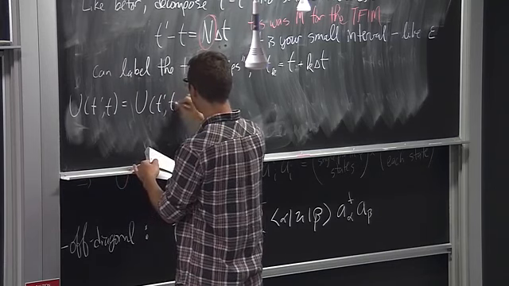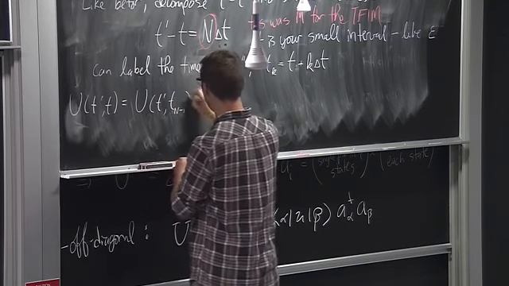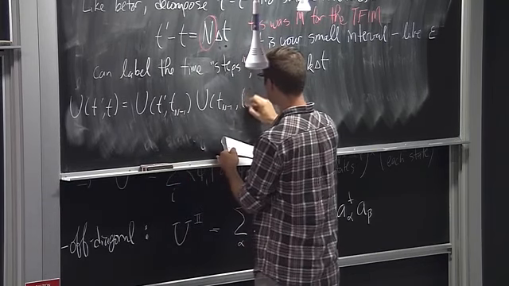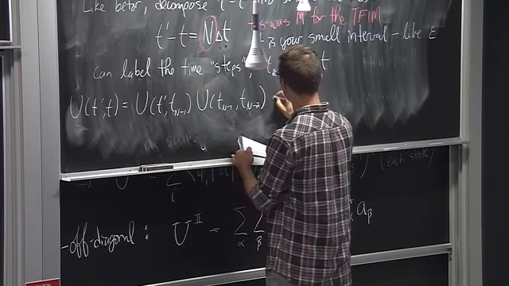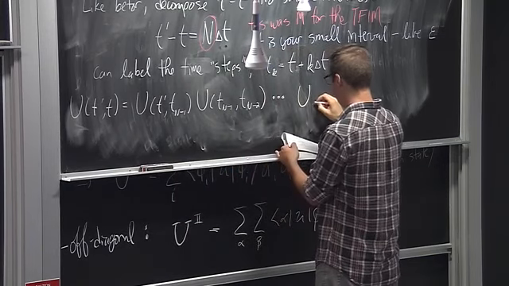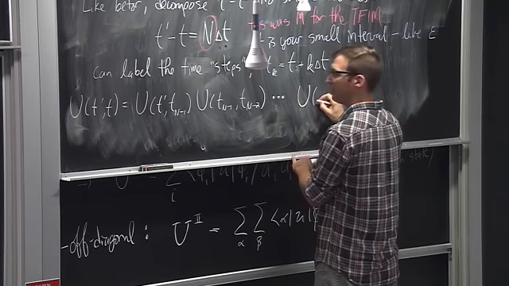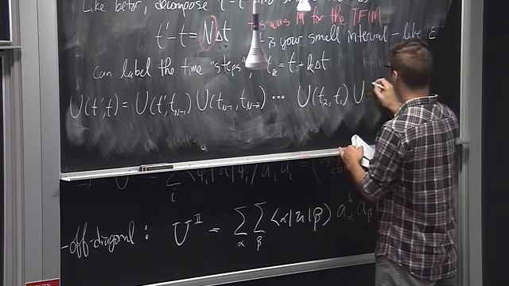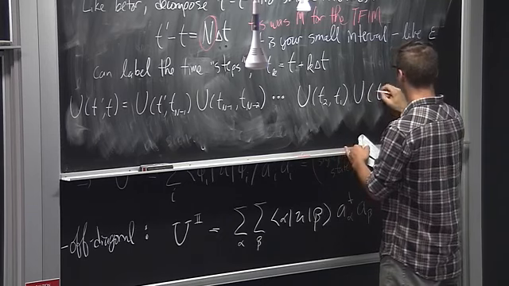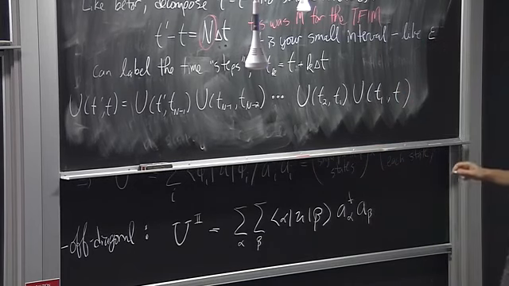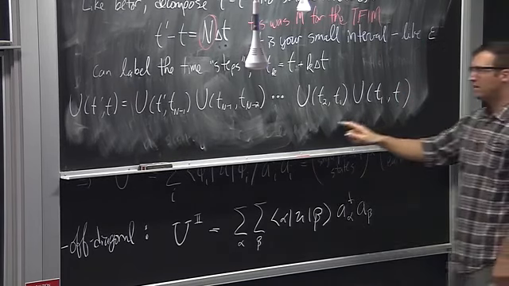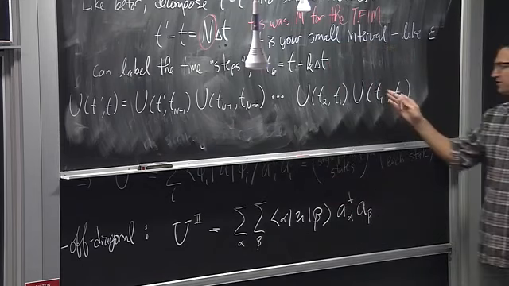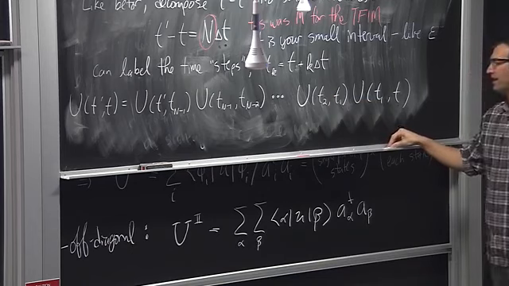So I'm going to do U of t prime, t_{N-1}, all the way down to t2, t1, U of t1 and t. So I've gone from t to t prime, and I've stepped this up by k delta t.